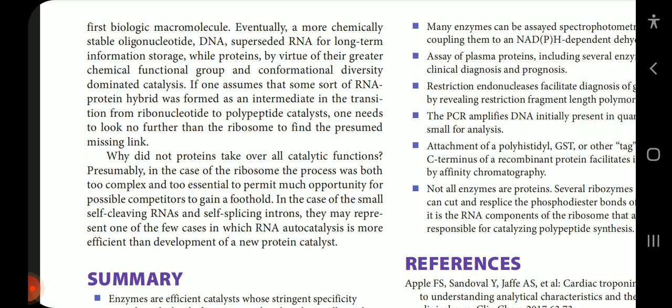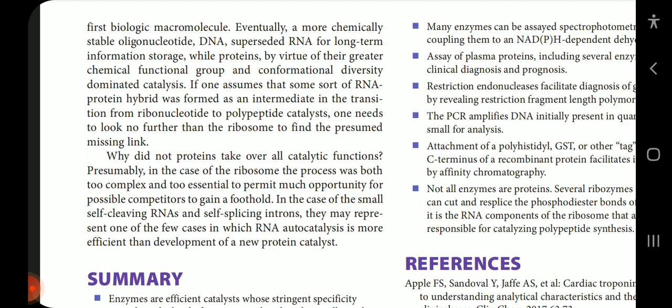Eventually, a more chemically stable oligonucleotide, DNA, superseded RNA for long-term information storage, while proteins, by virtue of their greater chemical functional group and conformational diversity, dominated catalysis. If one assumes that some sort of RNA-protein hybrid was formed as an intermediate in the transition from ribonucleotide to polypeptide catalyst, one needs to look no further than the ribosome to find the presumed missing link.